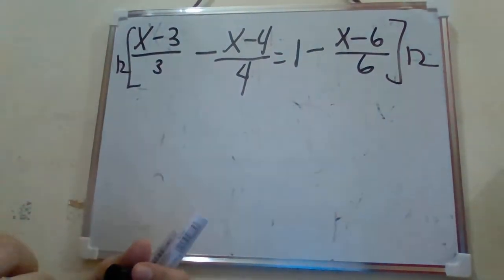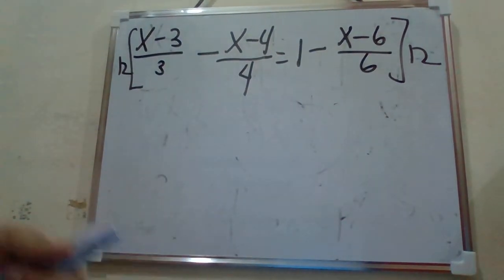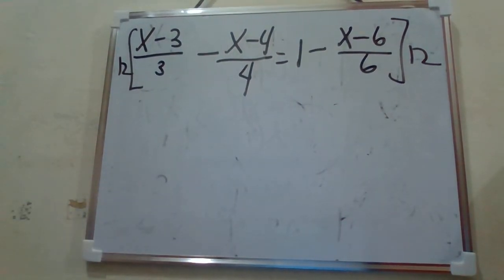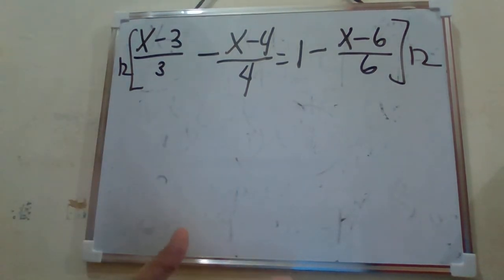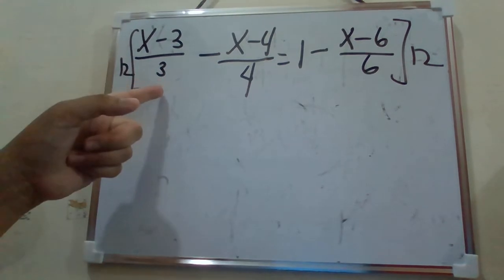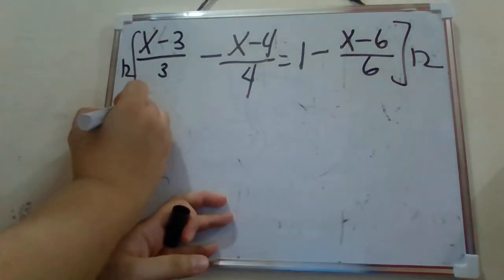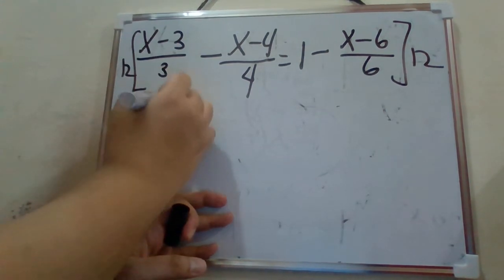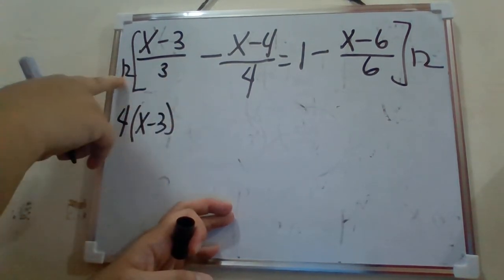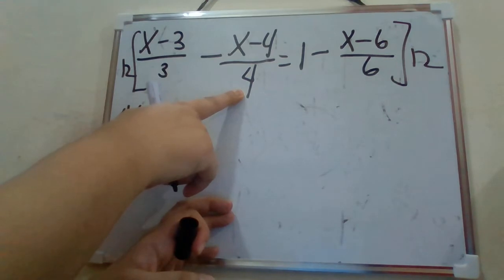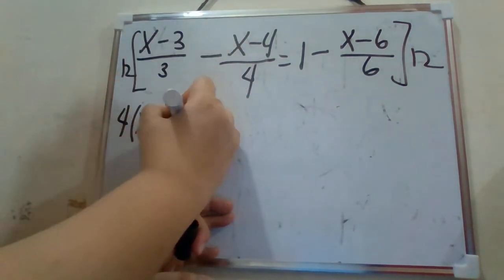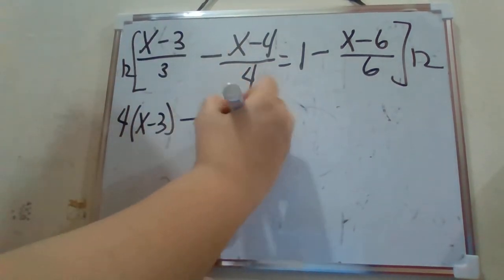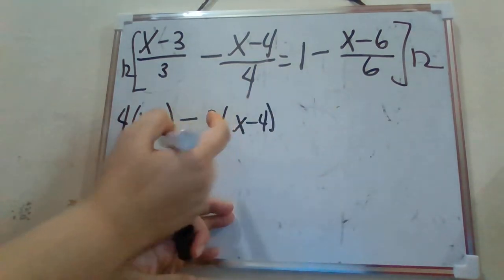Now we will do the elimination of the denominators. 12 divided by 3 is 4, and we multiply it to x minus 3. 12 divided by 4 is 3 times x minus 4, so minus 3 times x minus 4.